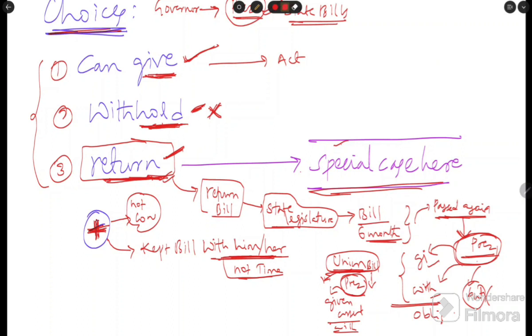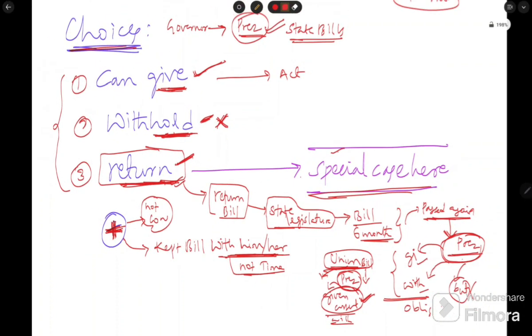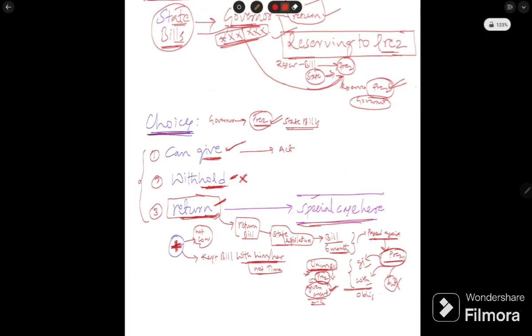When the state bills are returned, the president has a choice of giving the assent or withholding the assent. But in case of union bills, he must give the assent. The only choice he has over the returned union bills is giving the assent. No other choices. This is overall the content of this class.